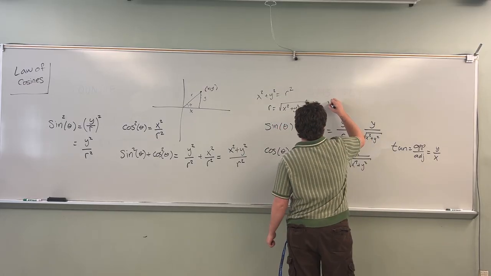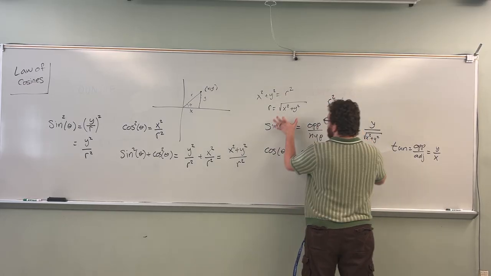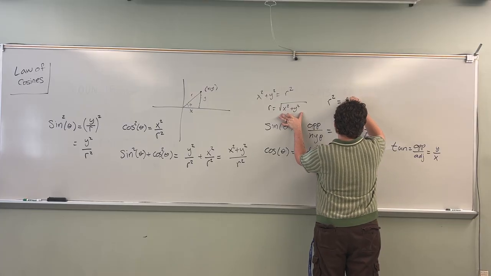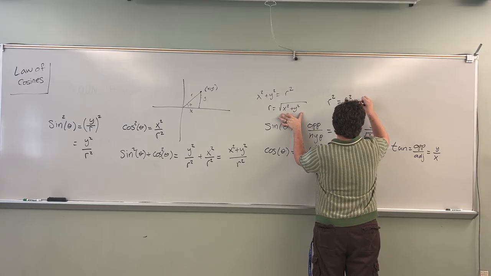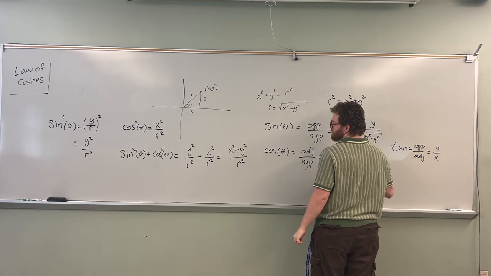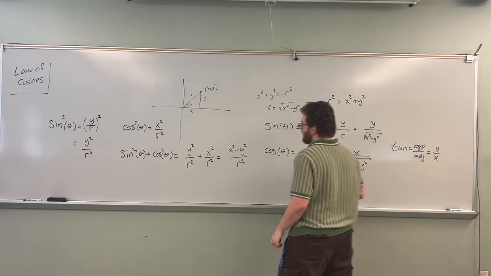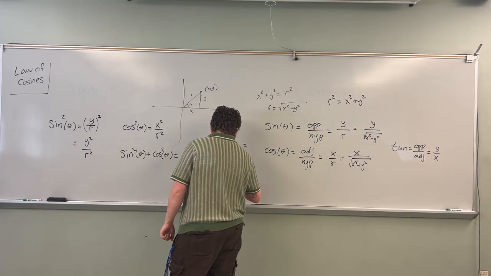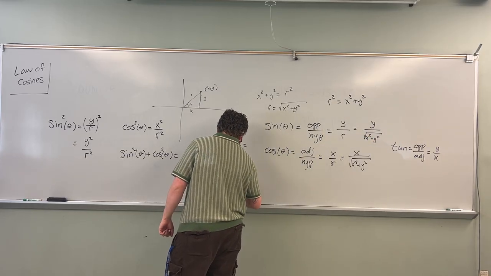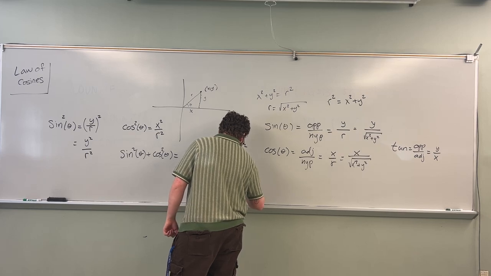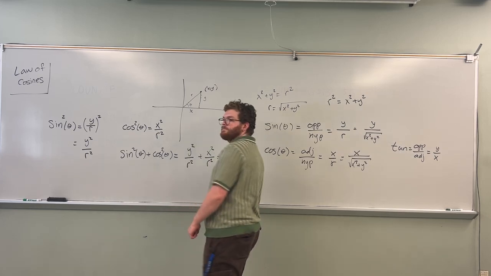Well, what is r squared? r squared, I just square this side, would be x squared plus y squared. So I plug that in right here. I get x squared plus y squared over x squared plus y squared, which is 1.